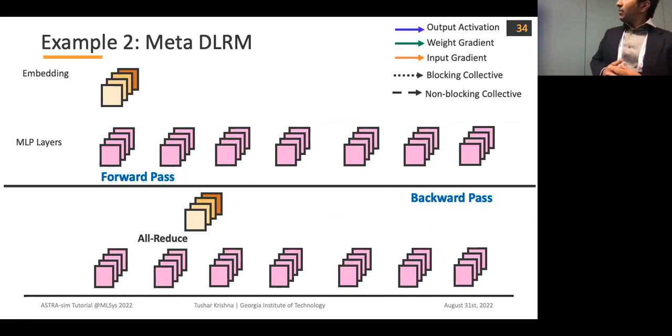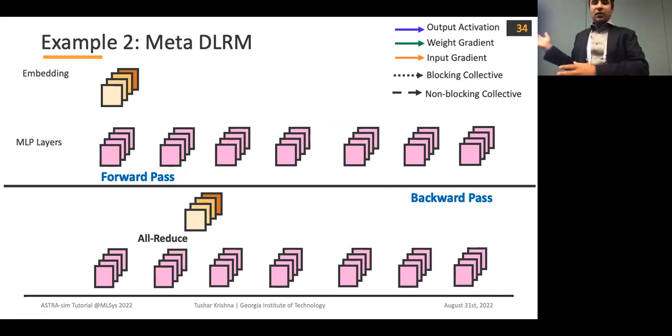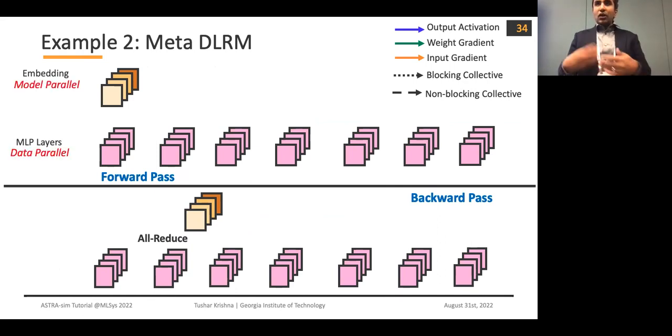So Meta's DLRM has a very unique characteristic where, if you're familiar with the DLRM architecture, it has an embedding layer followed by a sequence of MLP layers, right? And so the embeddings are really, really large. So again, just like I mentioned for model weights, you cannot fit an entire embedding table into the memory of a single NPU.